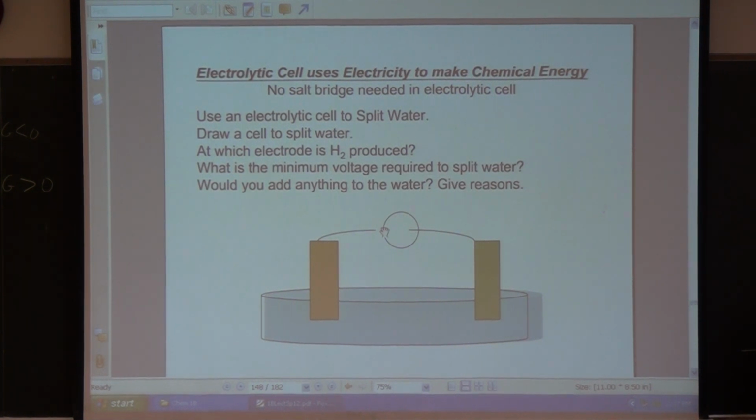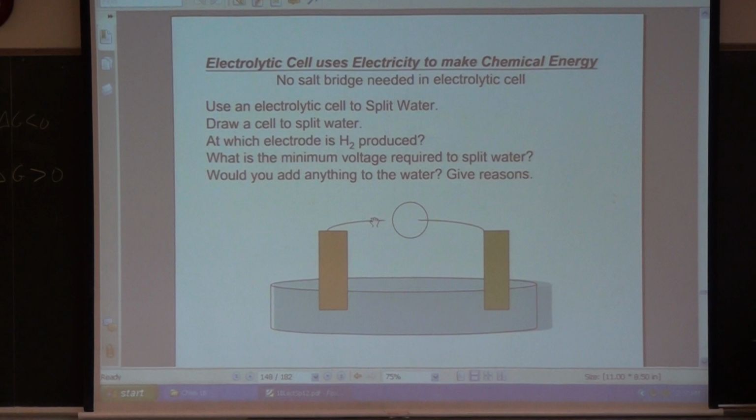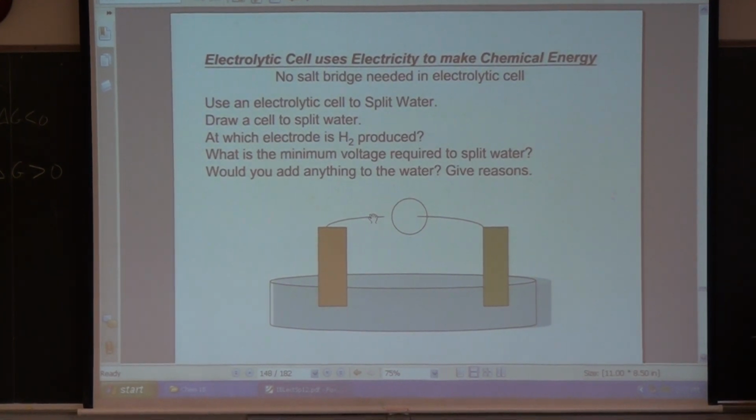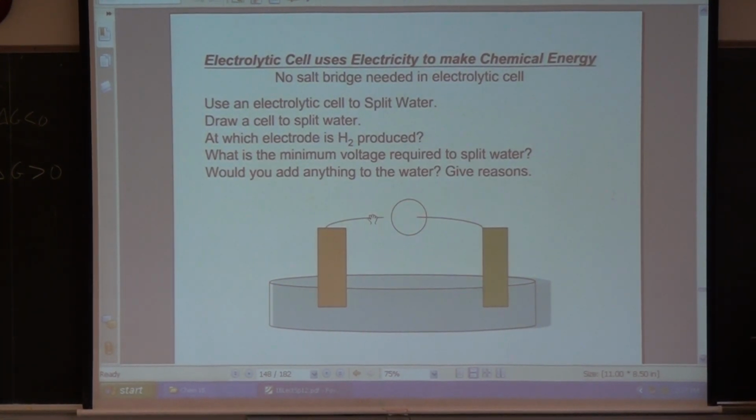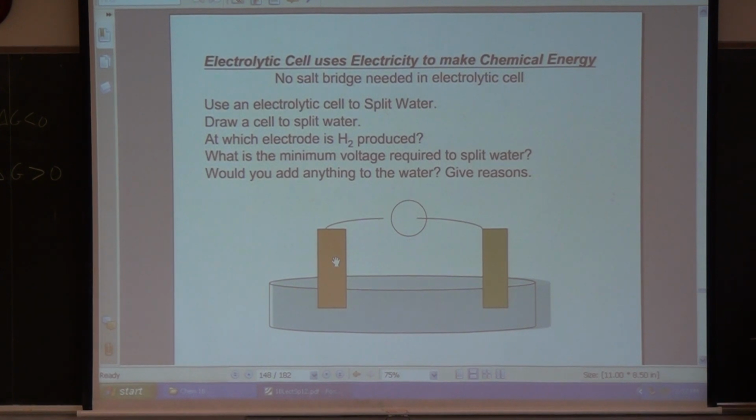Now, how much voltage do we need to apply to the cell to split water? Before we answer that question, we should figure out what the oxidation half reaction is and what the reduction half reaction is. Okay, so let's do that.